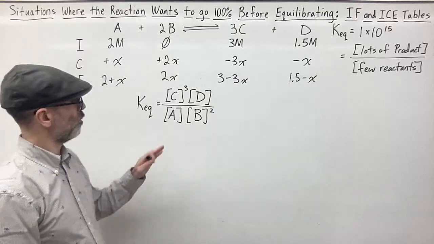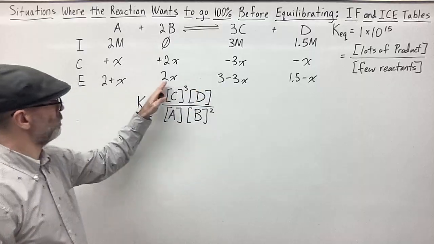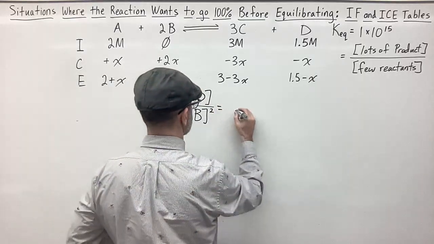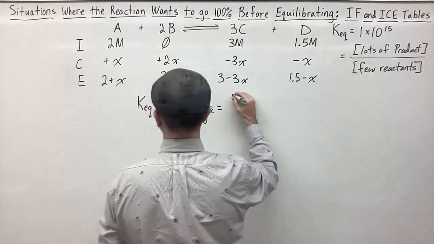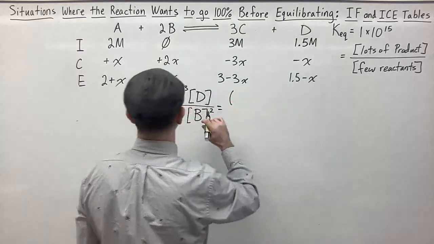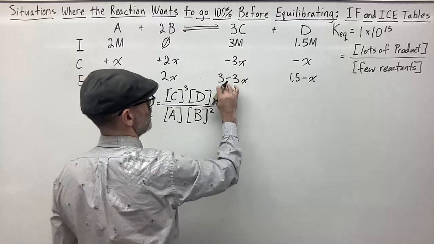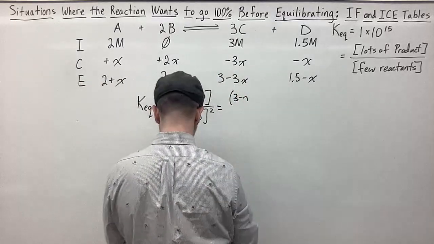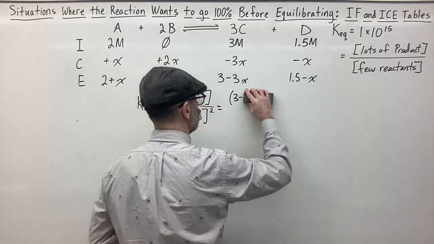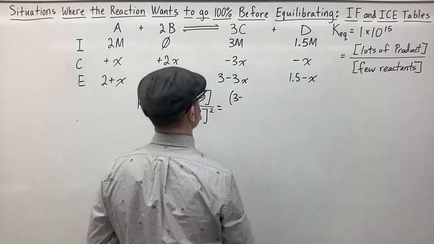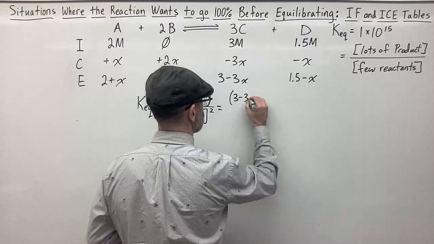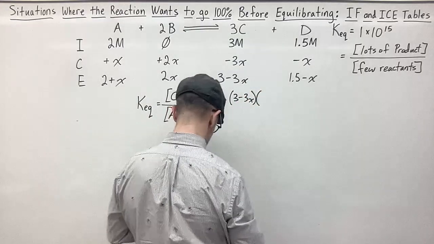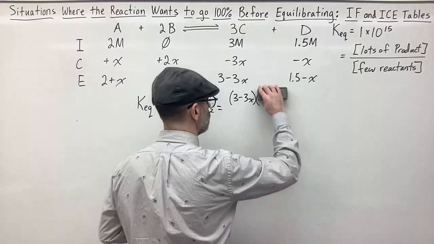And so now we can plug in the equilibrium concentrations in terms of x. So let's go ahead and do that. So C is 3 minus 3x. Oops, I forgot that 3x. So 3 minus 3x, multiplied by the, oh, that should be cubed. Sorry, I forgot the cube.